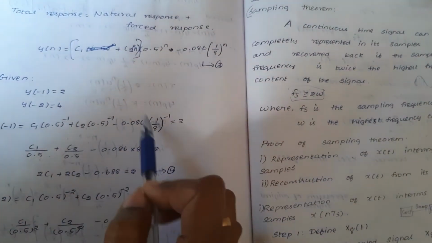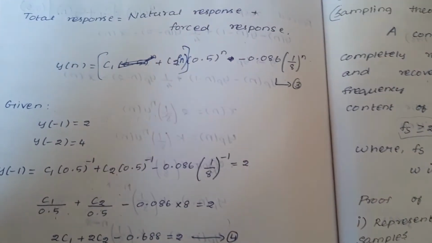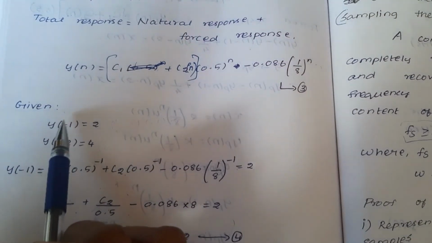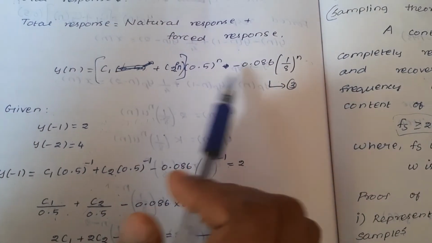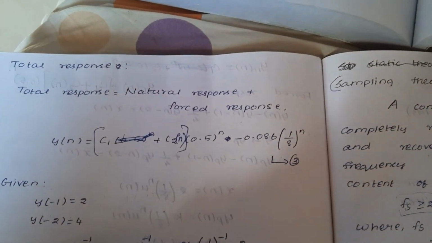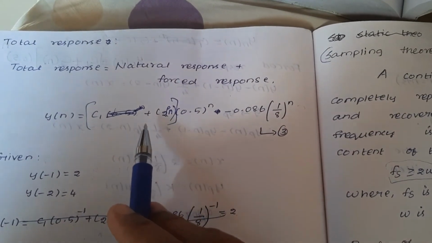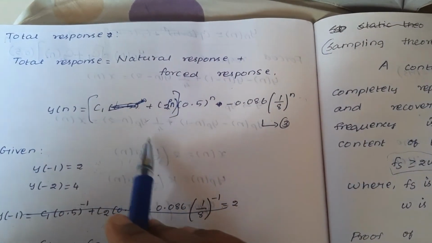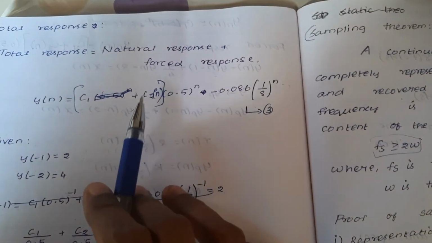So substitute all the values and find C1 and C2. With this initial condition, substitute n is equal to minus 1 and you will get one equation, and n is equal to minus 2, you will get another equation. Solve these two equations, find the values of C1 and C2 and substitute in this total response. Okay, so it is our final answer.